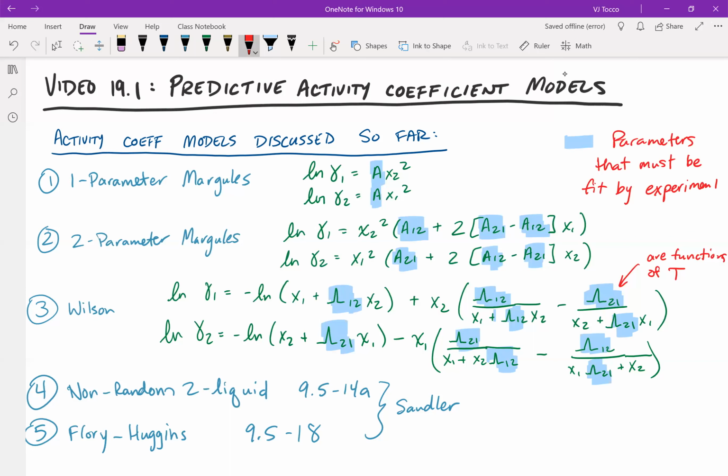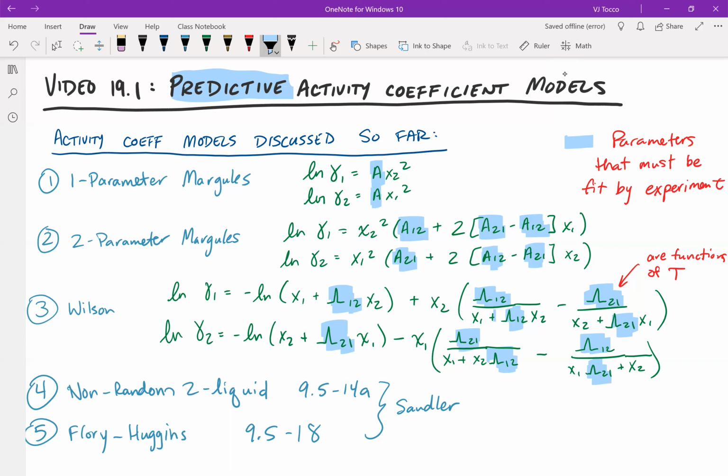So the next logical question that you might ask is, well, do I have to do an experiment at all? Is there any other information that I can look to that would tell me what the value of these parameters are for the different components? And that leads into a branch of activity coefficient modeling known as predictive activity coefficient modeling. As I mentioned, this is kind of the holy grail of thermodynamics and phase equilibria.